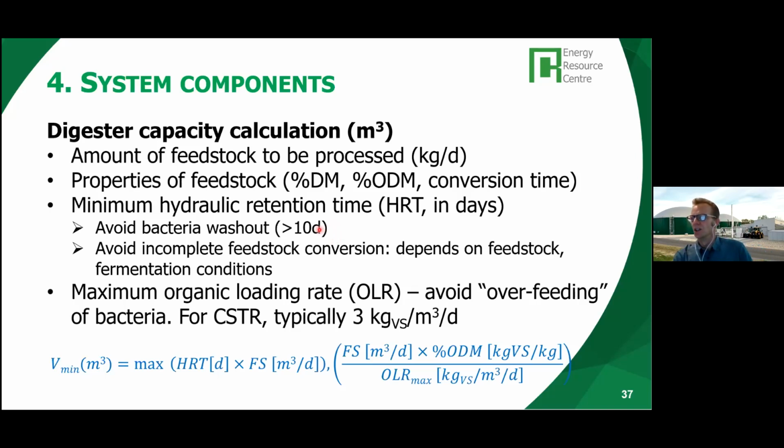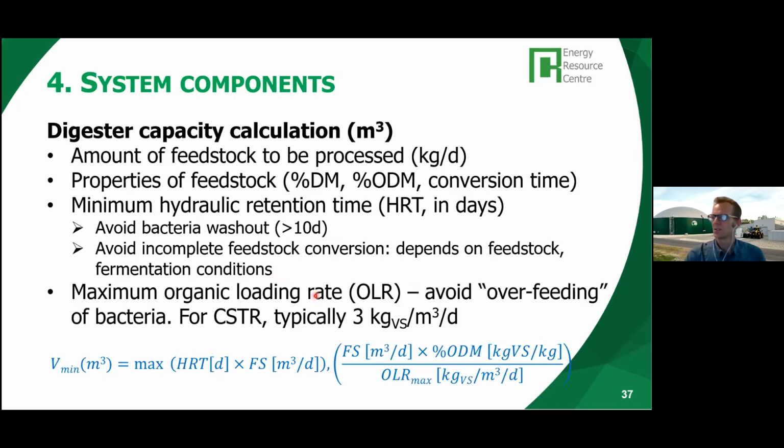Especially the bacteria that produce the methane have an average multiplication time of at least 10 days, depending on the digester temperature. So lower temperature digesters could even have longer multiplication times, and that means that the minimum hydraulic retention time could even be higher.